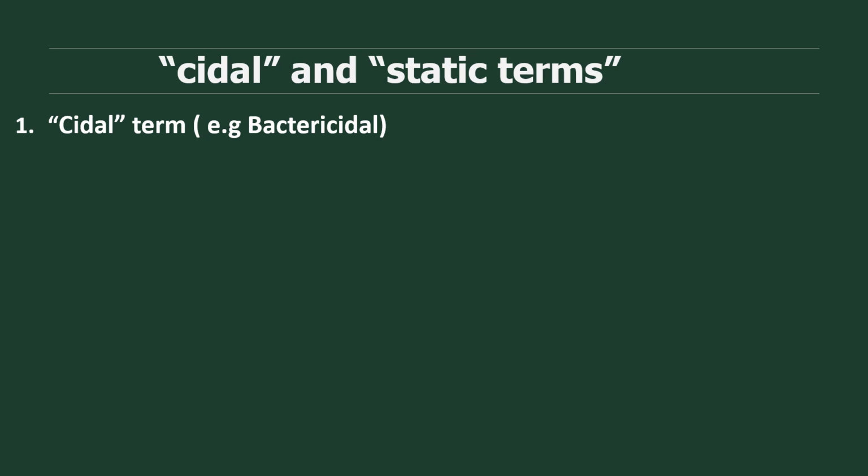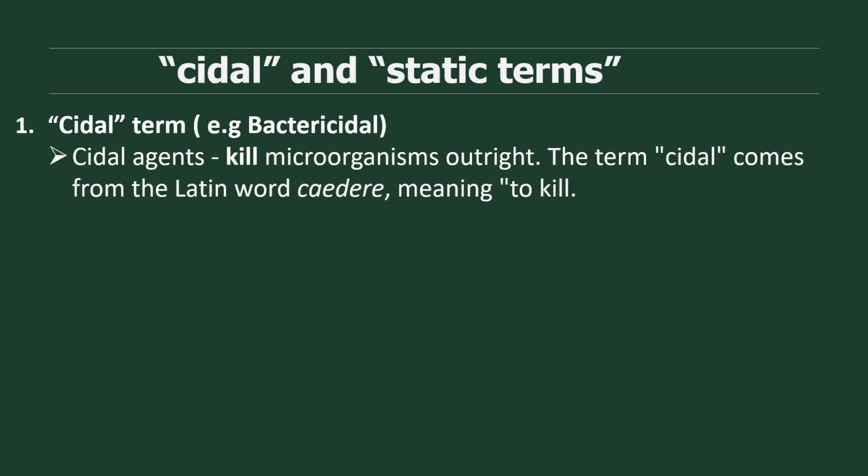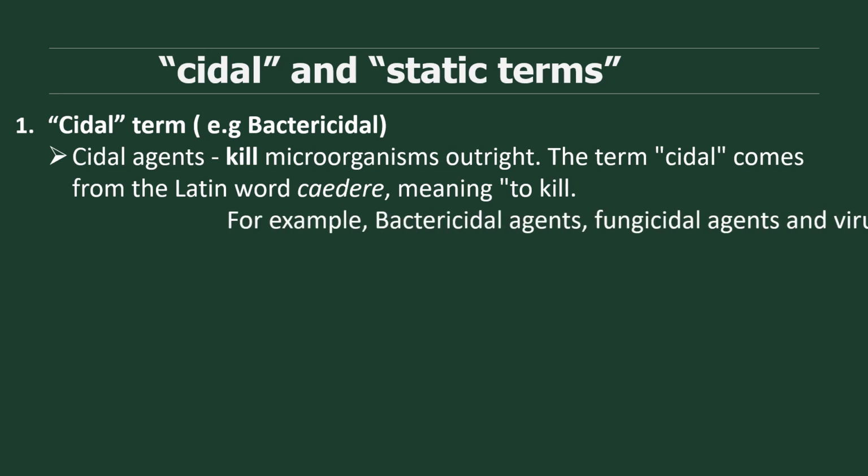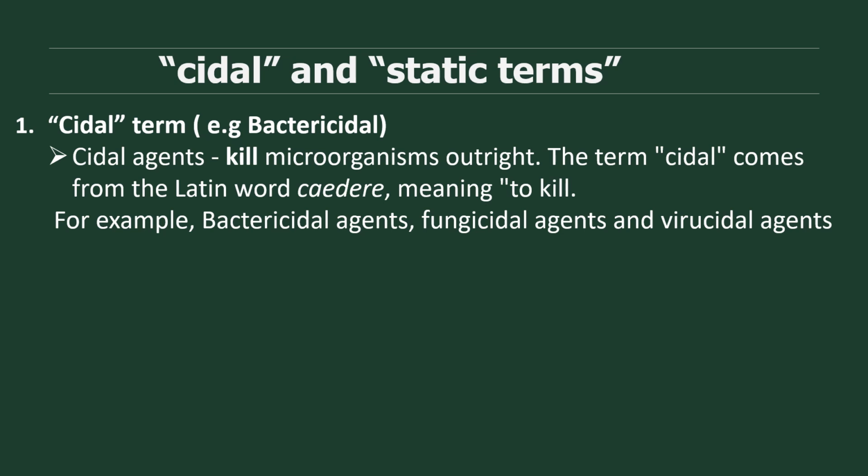You can have, for example, bactericidal agents. Cidal agents kill microorganisms outright. They ensure that they are dead. The term cidal comes from a Latin word meaning to kill. So you can have bactericidal agents, fungicidal agents, and even virucidal agents. Bactericidal agents will kill bacteria, for example Staphylococcus aureus.